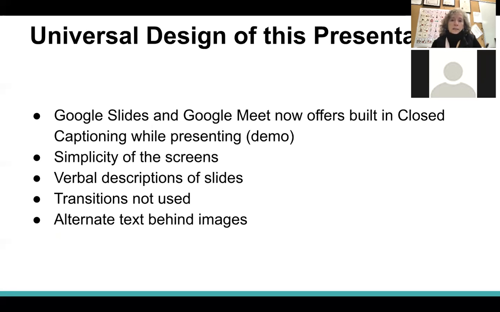I develop all my slides with simplicity of the screens in mind. I provide verbal descriptions of each slide. I don't use transitions. They can be visually very complicated and become distracting for some individuals and take away from my all-important message. I always put alt text behind images.